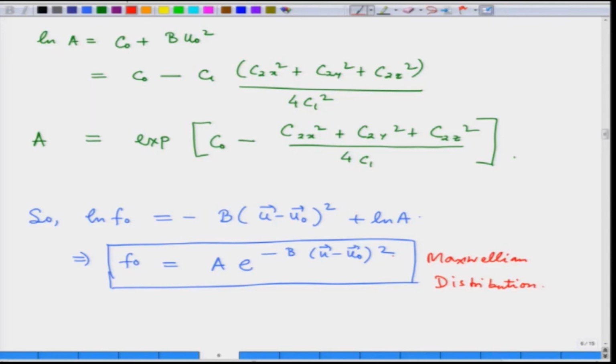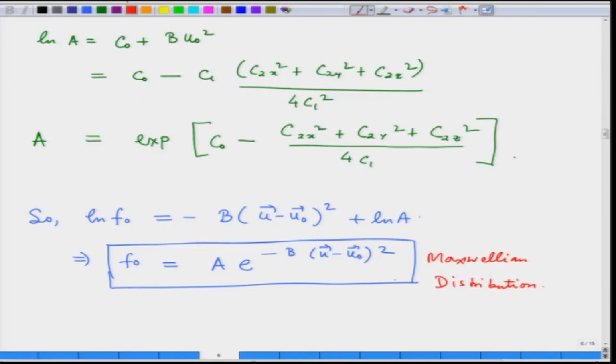But our assumption was that only the number, the kinetic energy and the 3 components of linear momenta are conserved in binary elastic collision, and f0 is a function of u only. Okay. So, here you can see that f0 basically obeys this type of distribution where A and b, these two, are constants and u0 is also a constant.